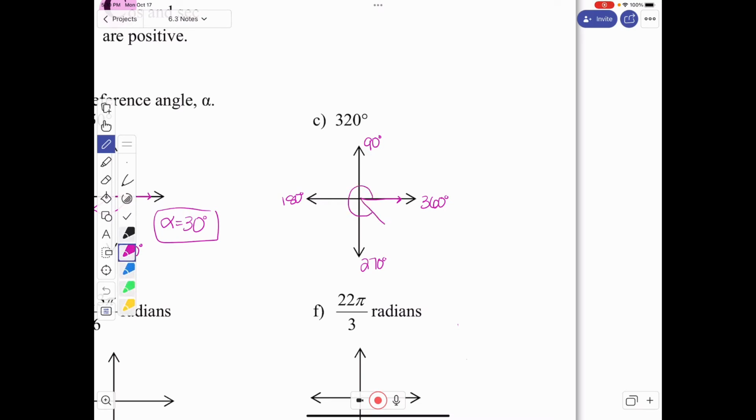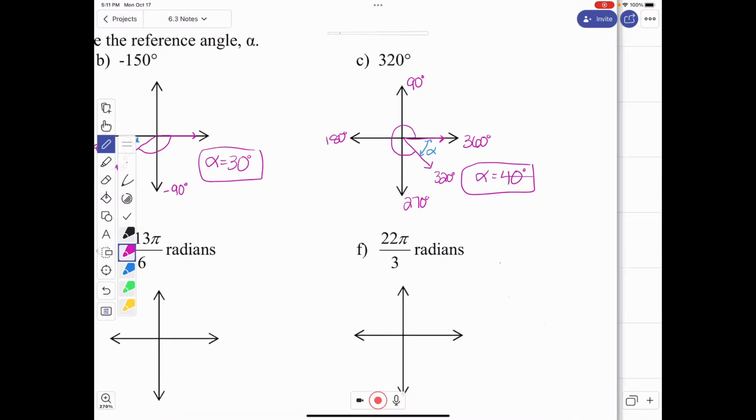It's going to be somewhere in here in quadrant 4. This is where 320 is going to land, and our reference angle is going to be here. So we think, what is the distance from 320 to 360? That would be 40 degrees.